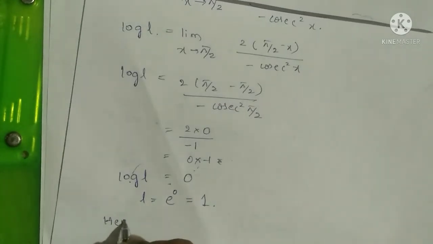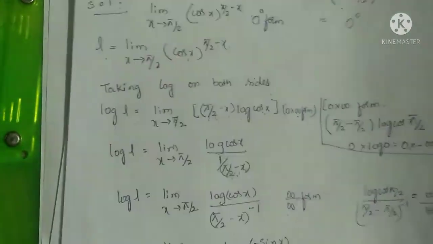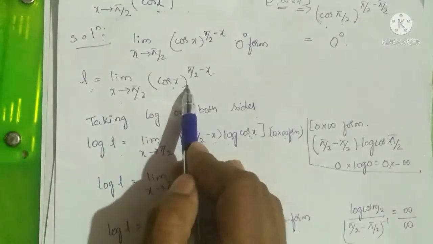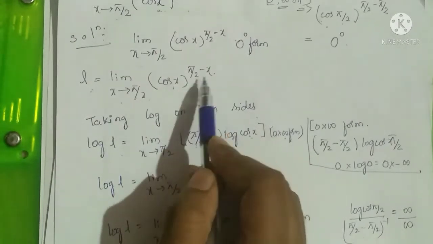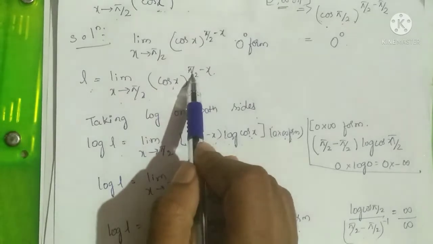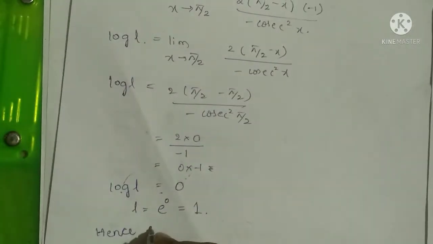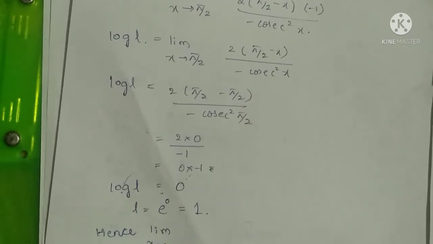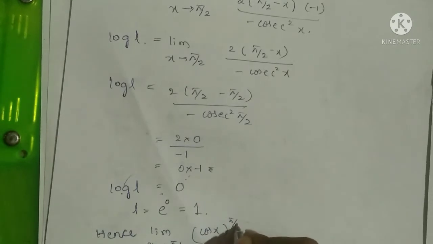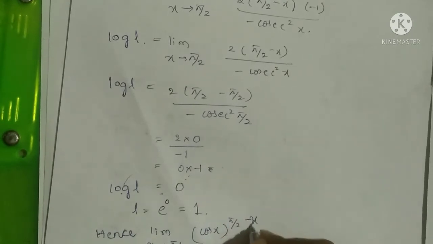Hence, see what we have taken L as: L equals limit x tends to pi by 2 of (cos x) whole to the power of (pi by 2 minus x). So substitute the value of L here. Limit x tends to pi by 2 of (cos x) whole to the power of (pi by 2 minus x) equals 1.